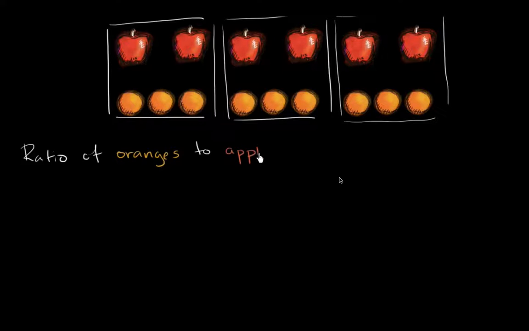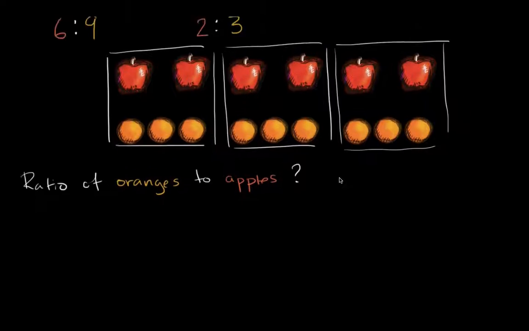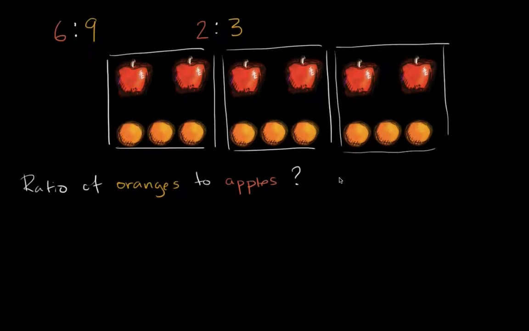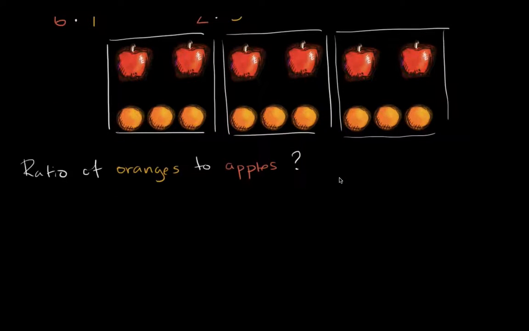Notice, up here we said apples to oranges, which is 6 to 9, or 2 to 3 if we reduce them. And here we're going to say the ratio of oranges to apples. So we've swapped these two, and so we're going to swap the numbers. Here we have 9 oranges for every 6 apples, so we could say the ratio is 9 to 6.